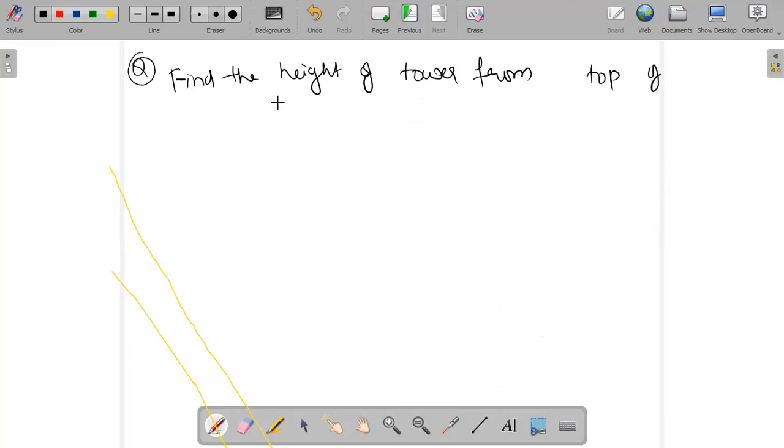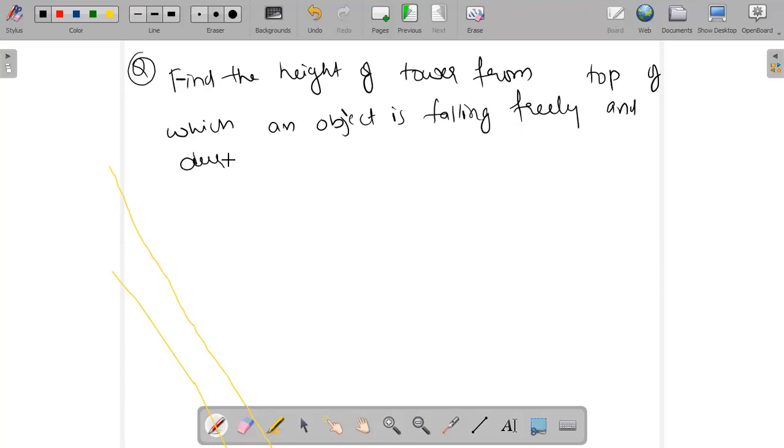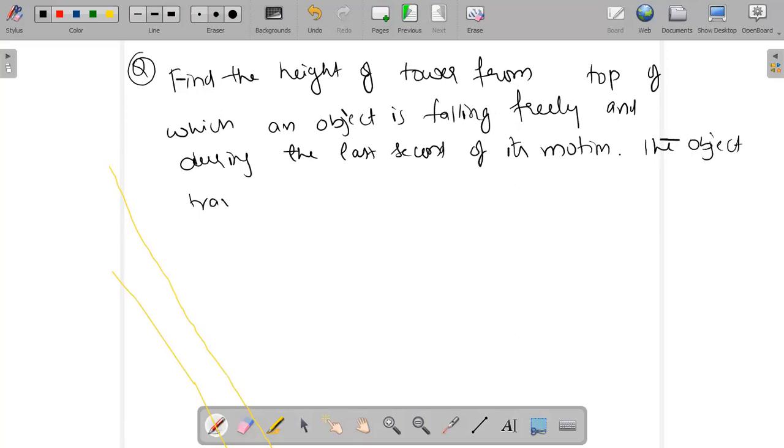From the top of a tower, an object is falling freely, and during the last second of its motion, the object travels a distance equal to 2/3 of the height of the tower. So this is the question they are giving.